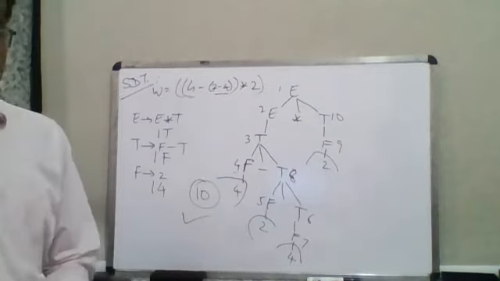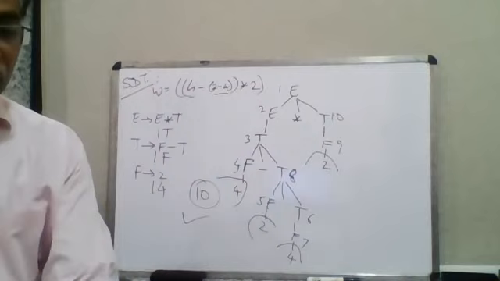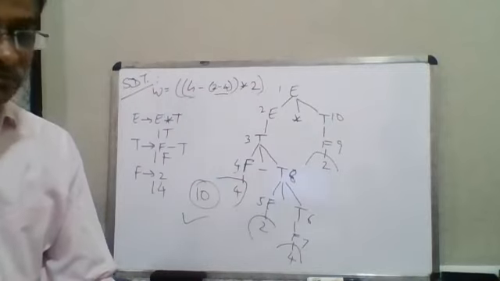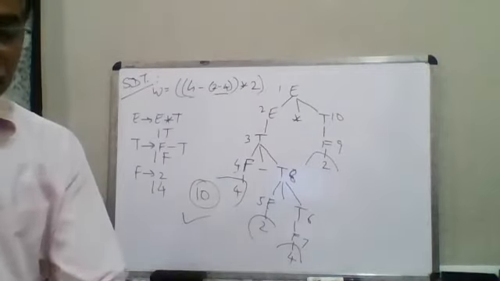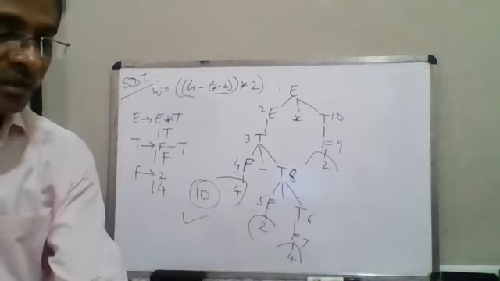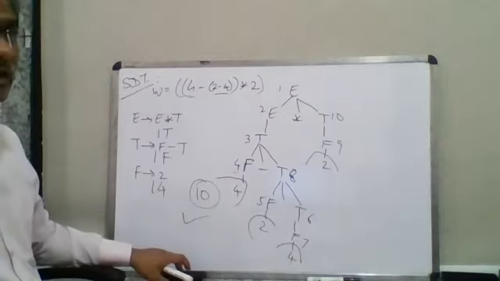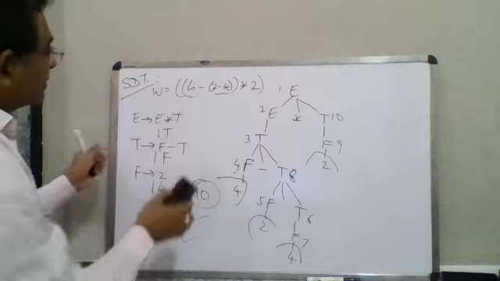Okay. So now we have seen 2 examples related to expressions, and continuing in a similar direction, we'll go ahead with one more example, and then we will have a break.